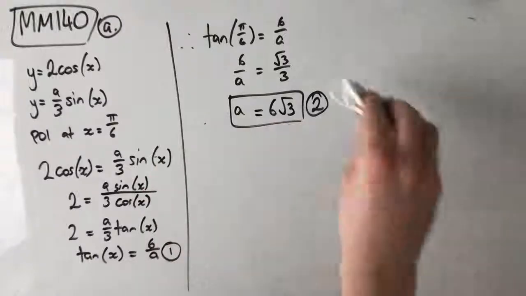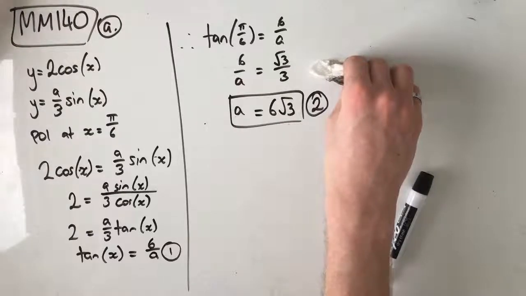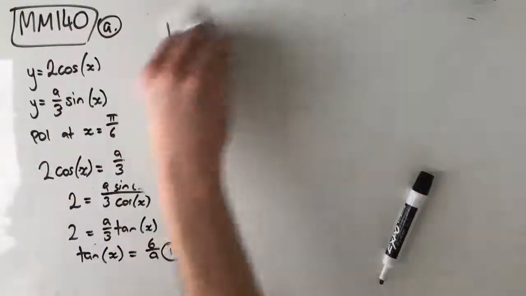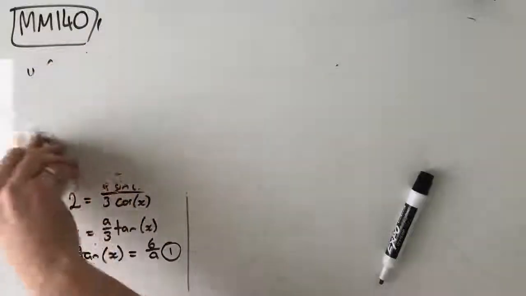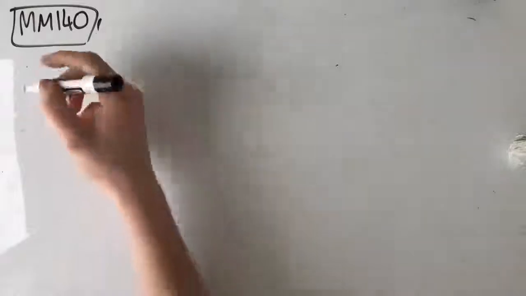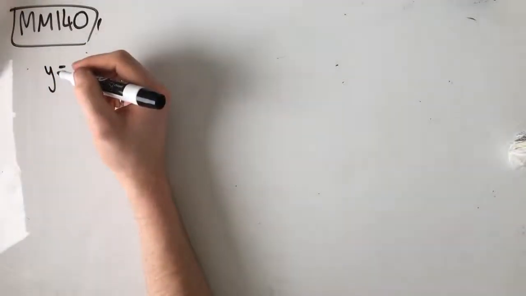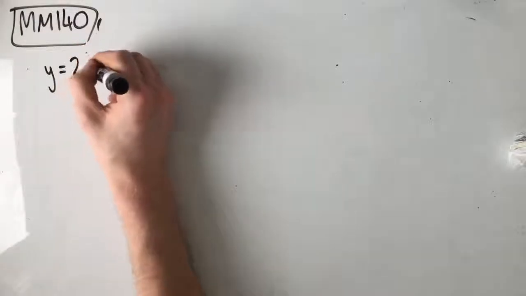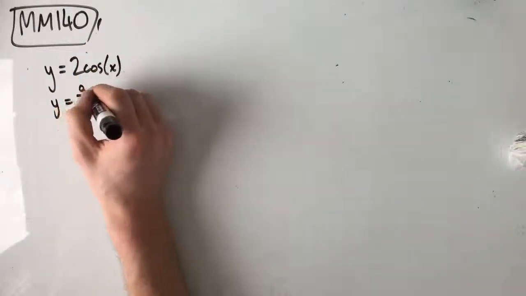So that's part A. Let's jump into part B, where we're asked to find other points of intersection. So we've got y equals 2 cos x and y equals a over 3 sin x.